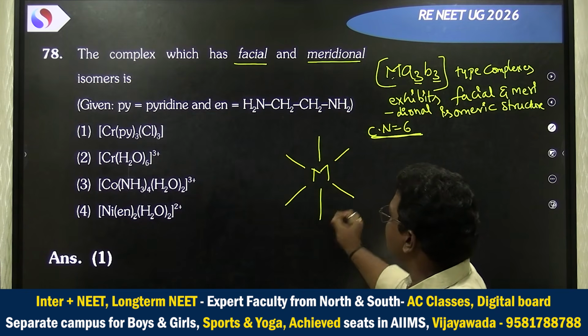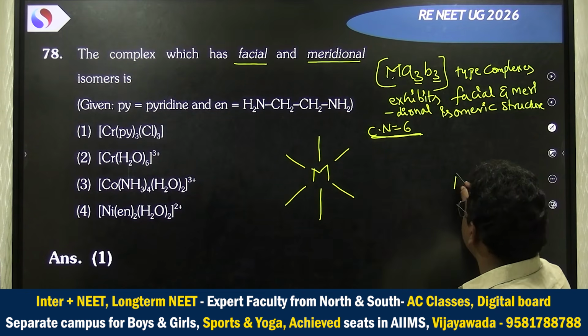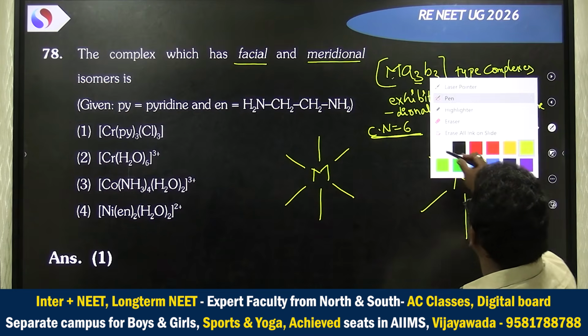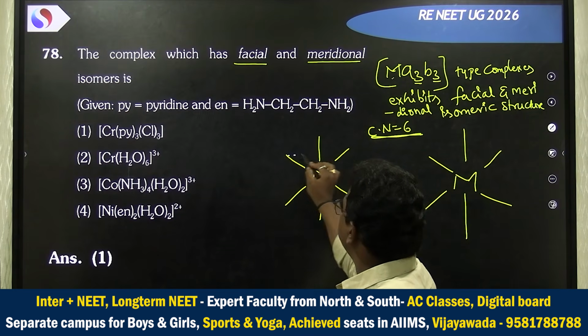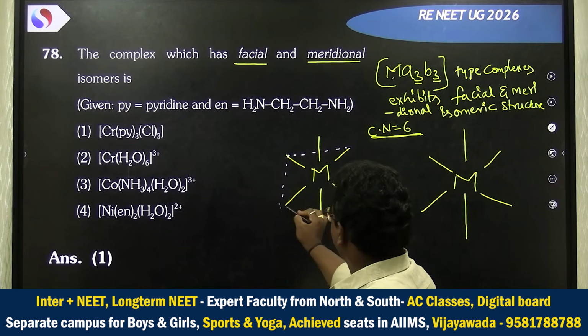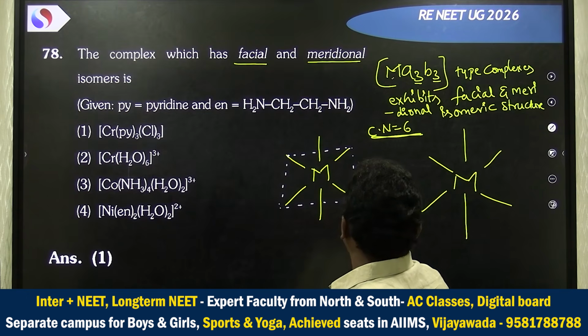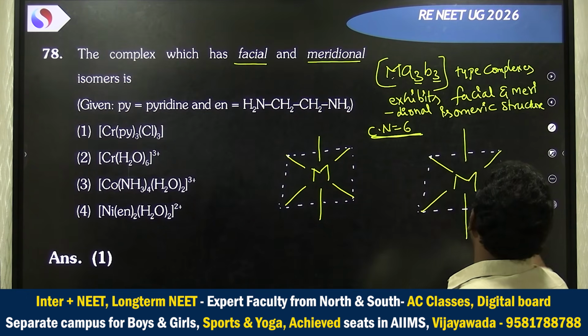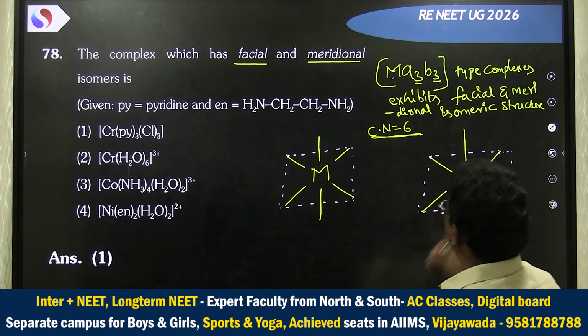I'm taking this octahedral complex structural representation like this. Now in this case, this is the geometry of the complex, coordination number 6 containing complex geometry.